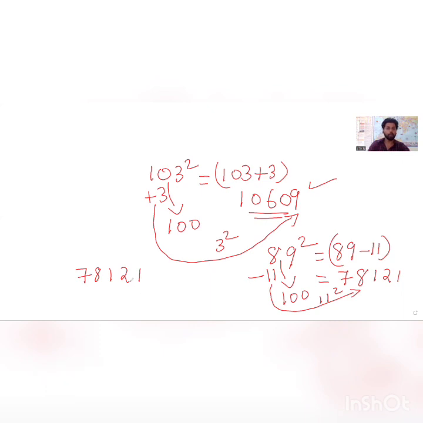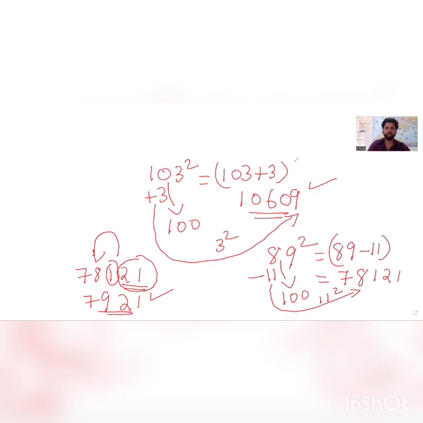But I already told you we only need 2 digits after taking the square of the difference. So we only need this 2, 1. This 1 is extra, so we need to take it as carry, or we need to add it to the next number. So 78 plus 1 will become 79, and the remaining 2 and 1 can be written as 21, right? So 89 square is not 78121, it is 7921.